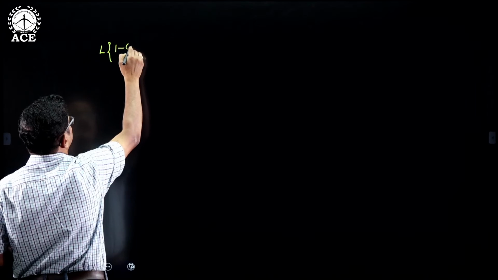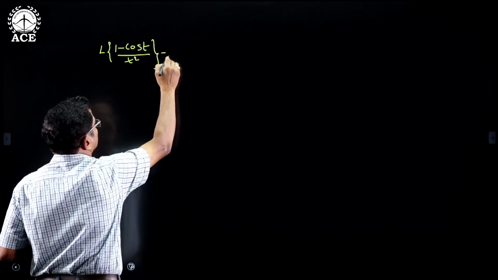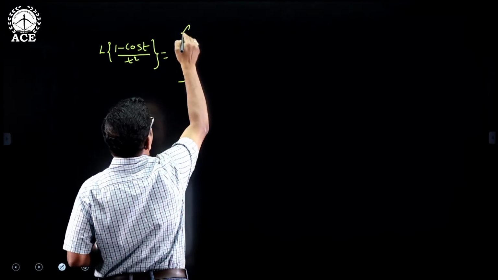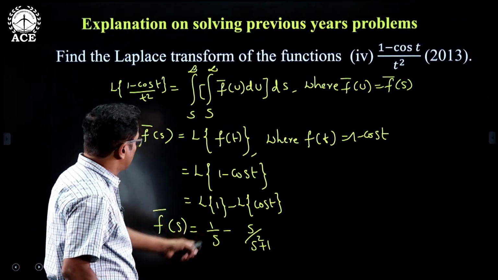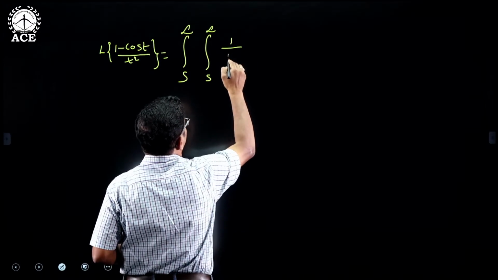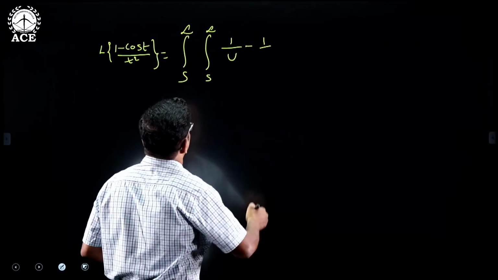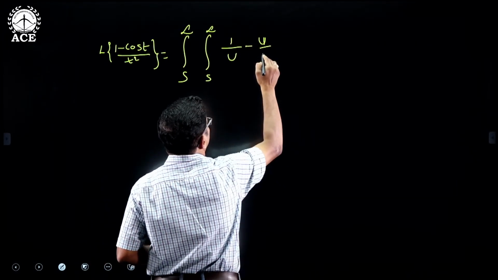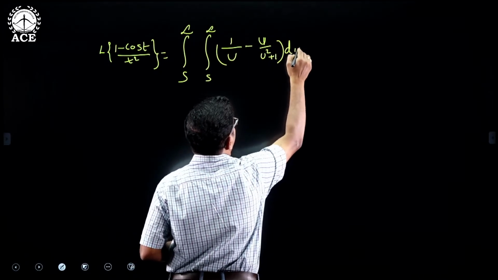Now I have to use that L of (1 minus cos t) by t square is equal to the integration from s to infinity, of f bar of u, which means 1 by u minus u by u square plus 1, into du, I am writing, and into ds.